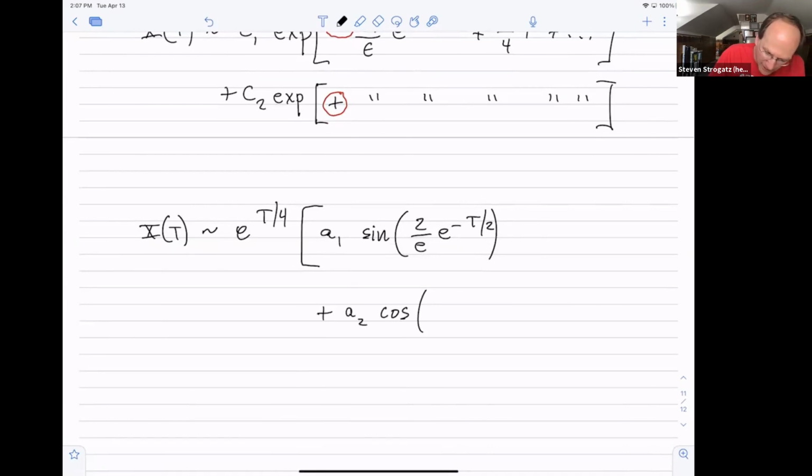Let me call them A and B, because I did this in Mathematica earlier and I called them A and B there. So I'm going to say A, B as my constants, cosine 2 e to the minus t over 2 over, I wrote that wrong. This is supposed to be epsilon.